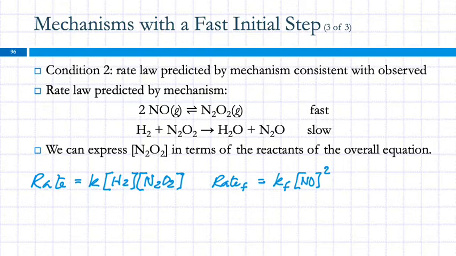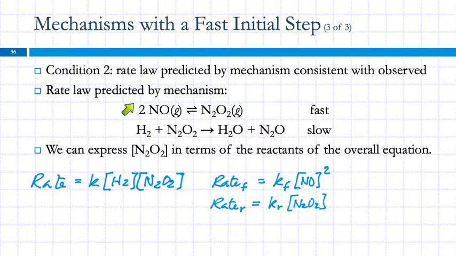If that's at equilibrium, the reverse rate is the same. We can write an expression for the reverse rate law. So that's taking N2O2 and making 2NO. So that would be another rate constant times the concentration of N2O2.